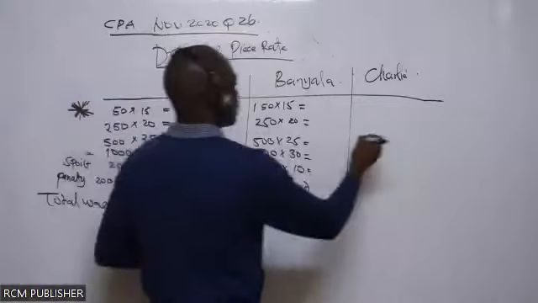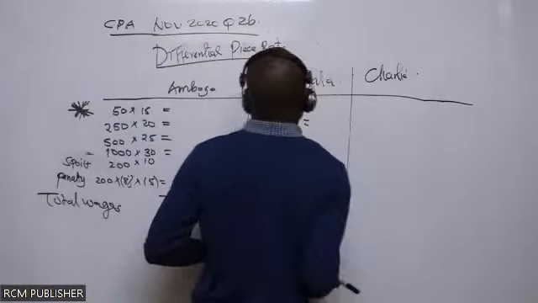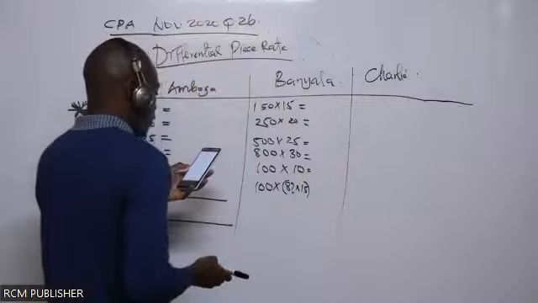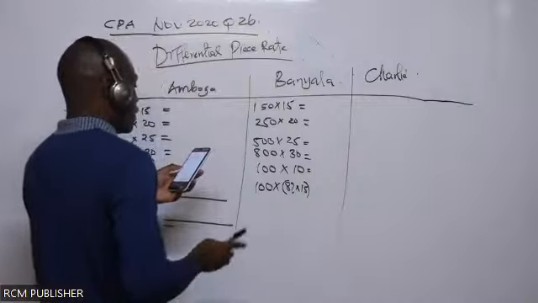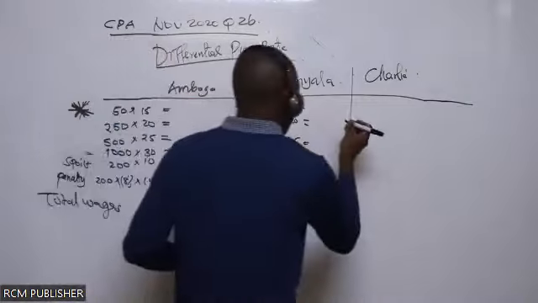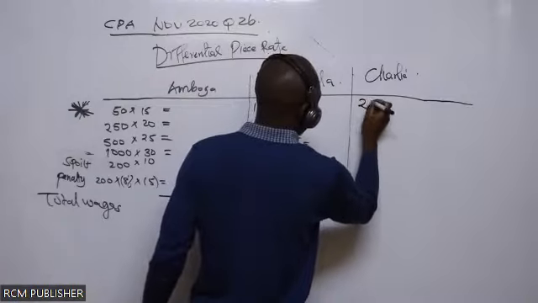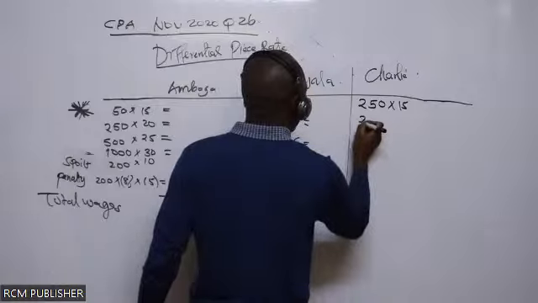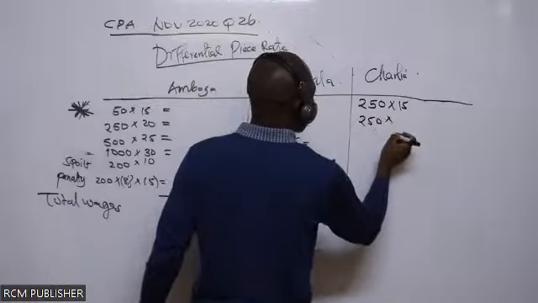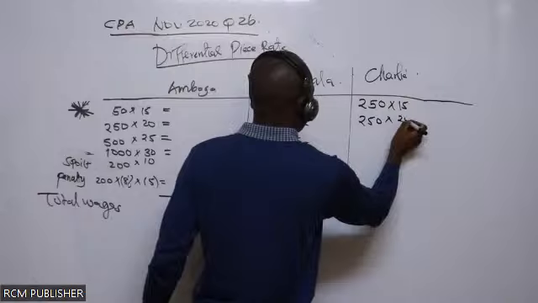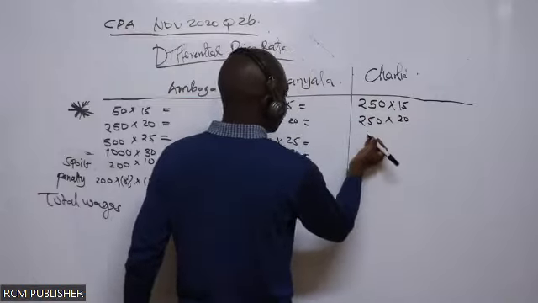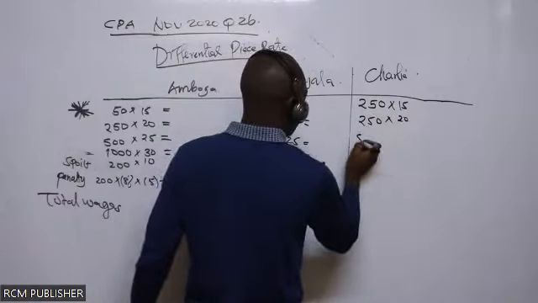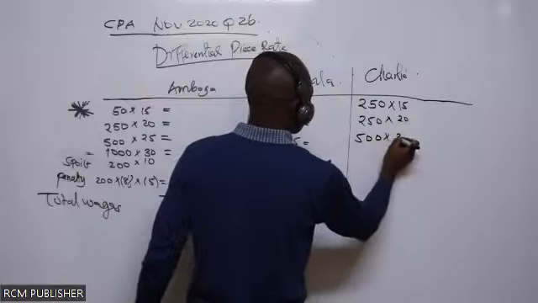Let's get the meaning for Charlie here. Charlie produced 1,650 units. So the first batch, we are going to take 250. The first batch is 0 to 250, paid at 15. The second batch, paid at 20. This one is only 500, still less than that. Then we have 500, paid at 25.